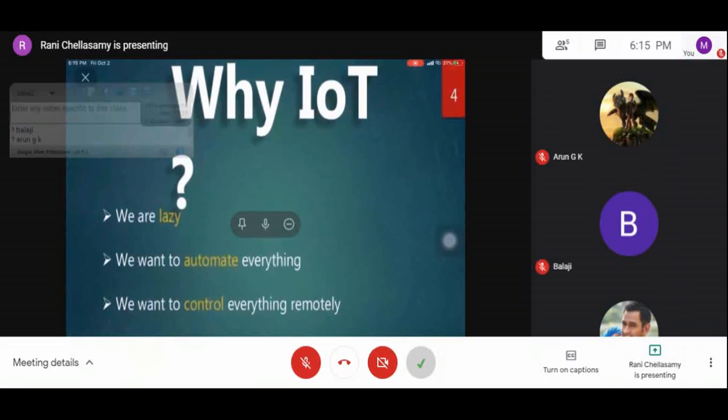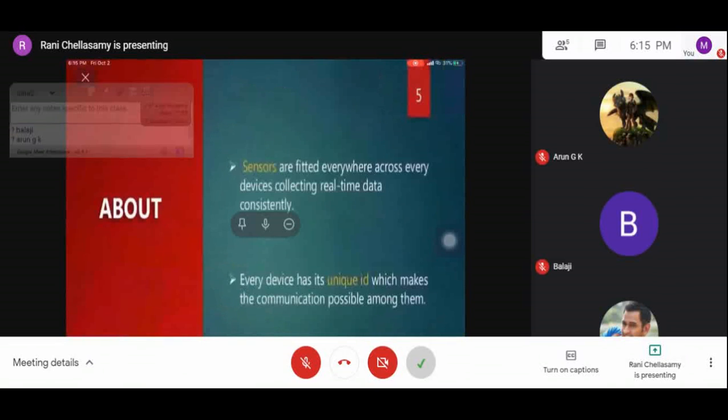The sensors will be fitted across every device. That sensor will collect the information and send it to the mobile phones or the users of the particular devices. Every device will have its own unique ID, which makes communication possible among the different devices.